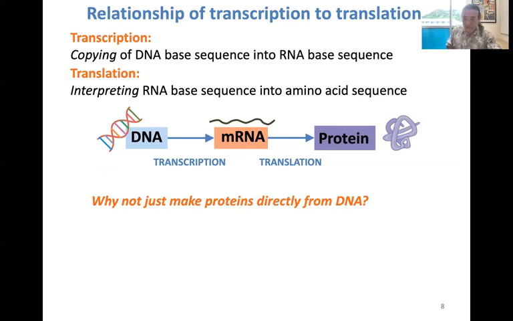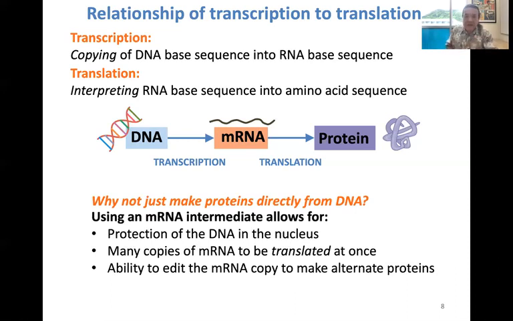You wouldn't be going through this intermediate process of relying upon copies of the DNA in the form of RNA. Well, I have a little story here to help you make sense of this. There are many evolutionary benefits of going through RNA. If you use mRNA as an intermediate, it allows you, very importantly, to keep the original DNA protected in the nucleus. After all, we want to minimize the potential damage to our DNA, because if our DNA gets damaged and our genetic sequence gets altered, we're in trouble.